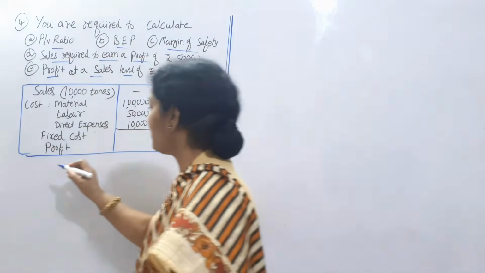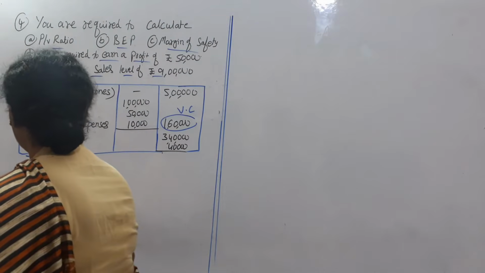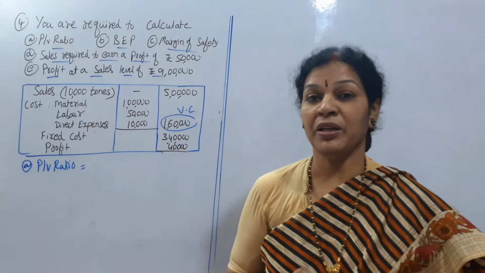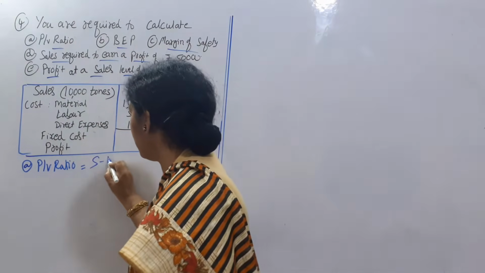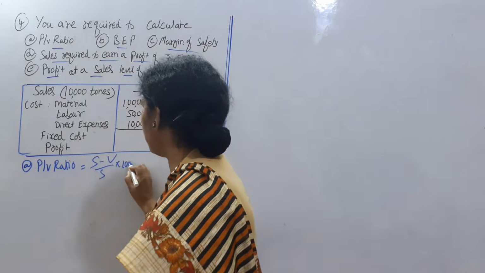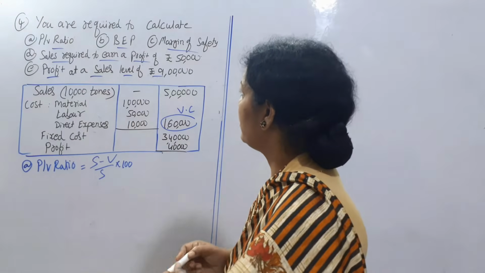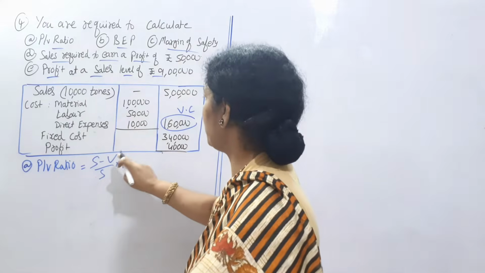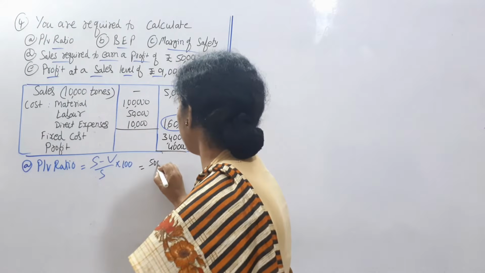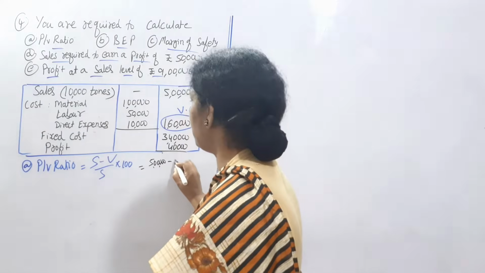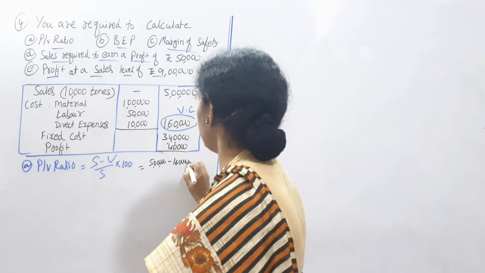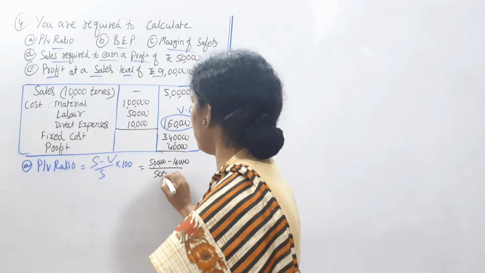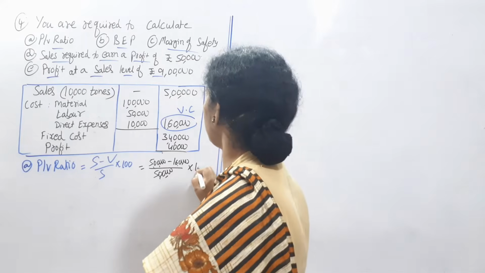So now first, PV ratio. What is the formula? S minus V by S into 100. S is sales. Sales minus variable cost. Sales is 5 lakh minus variable cost 1,60,000, divided by sales 5 lakh, into 100.